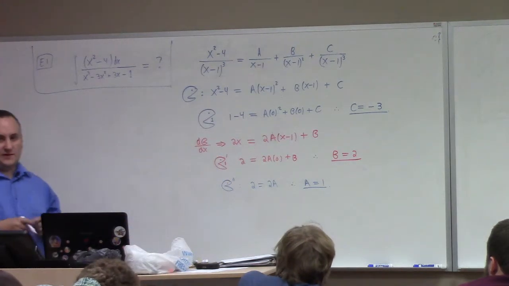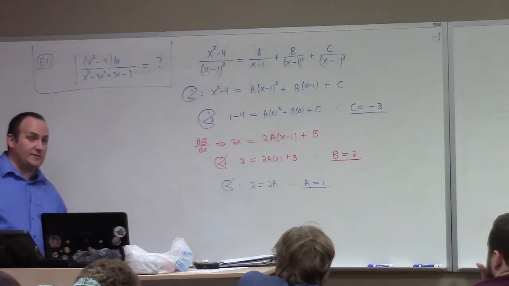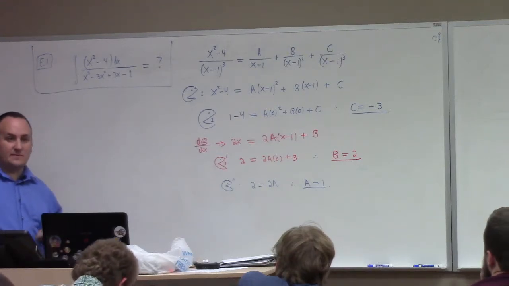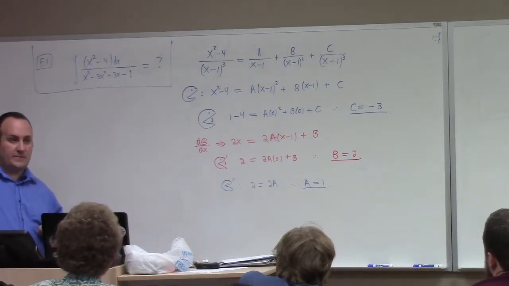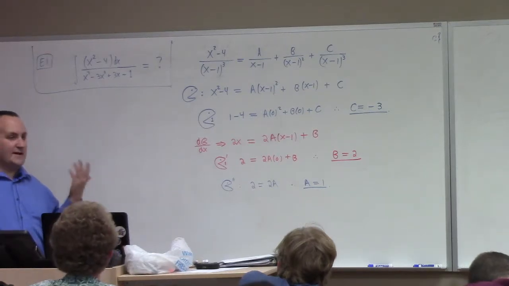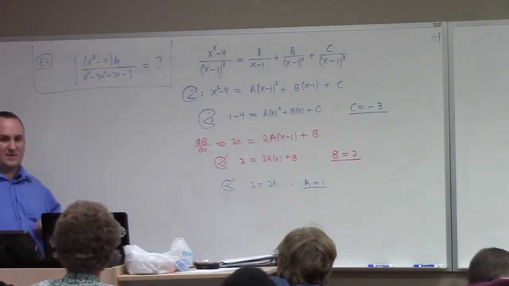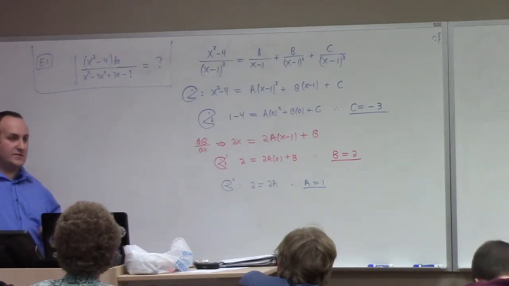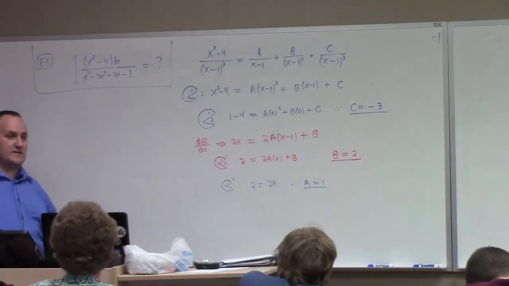Now, if you didn't know my differentiate and evaluate trick, what would you have had to do here? I hope everybody would get C equals minus 3 on the basis of examples you've already done. Then you could multiply it out and equate coefficients. You get some equations, you could solve them. But this is easier, right? This is a nice trick.